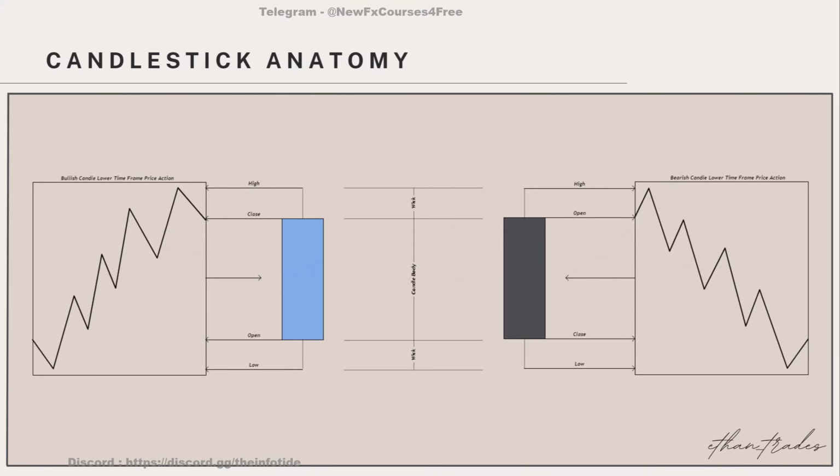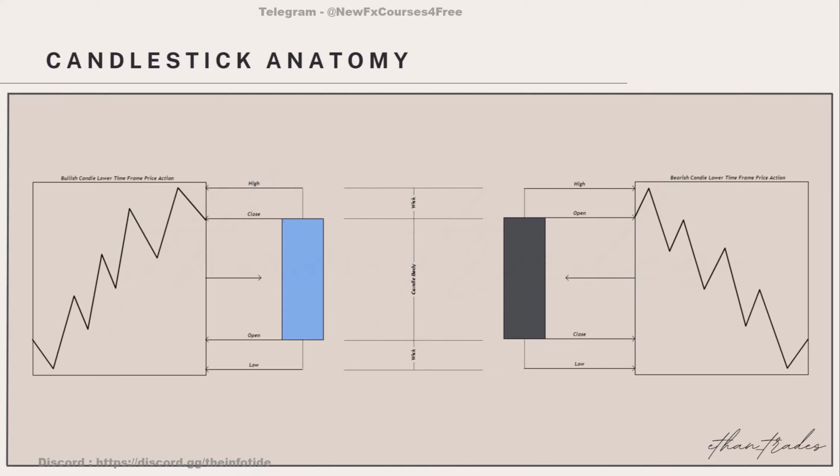The high price is the highest price reached during the represented time period, and the upper or top wick of the candlestick extends from the top of the body to the high price. The low price is the lowest price reached during the time period. The lower or bottom wick of the candlestick extends from the bottom of the body to the low price.